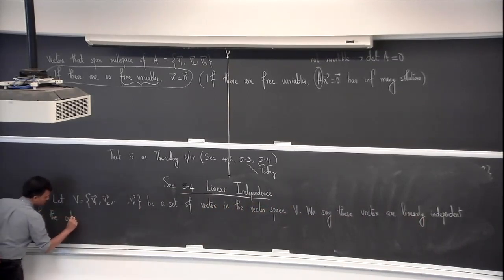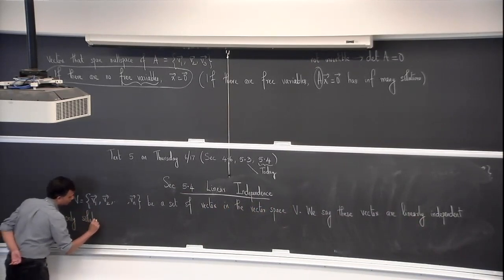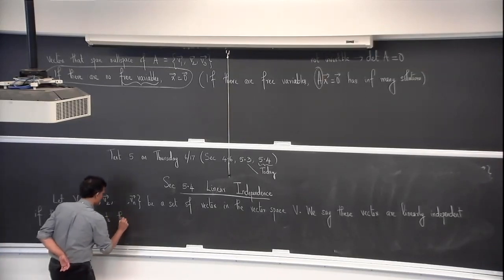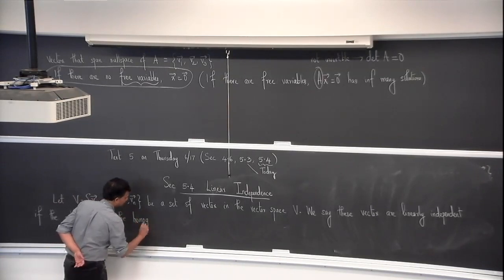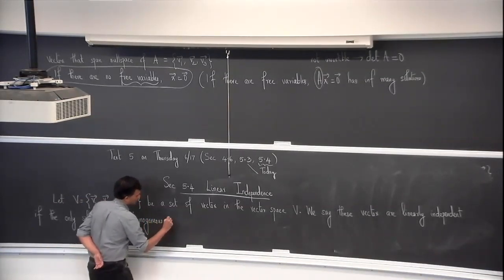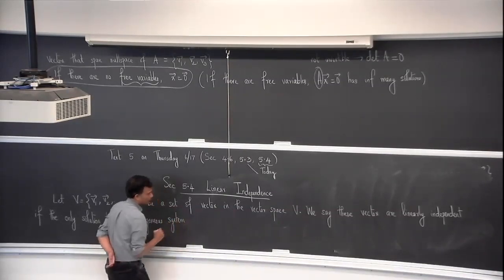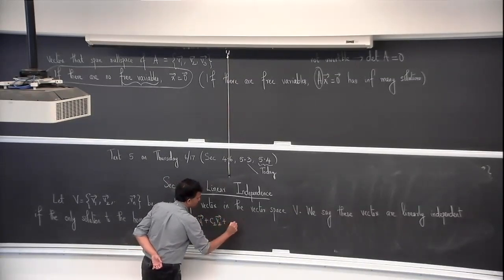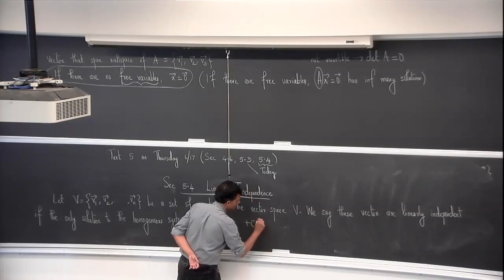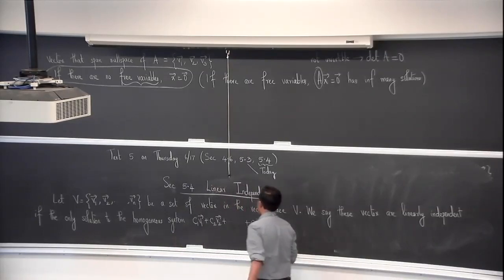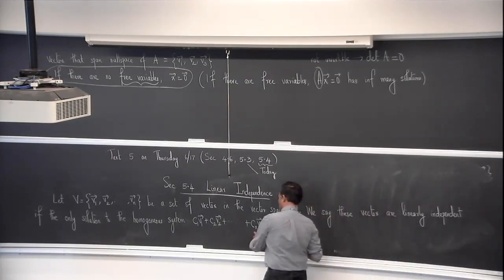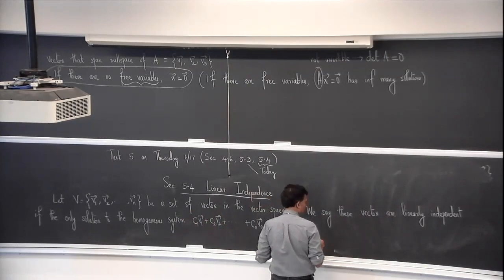We say that these vectors are linearly independent if the only solution to the homogeneous system c1 v1 plus c2 v2 plus dot dot dot plus cn vn equal to 0 is this: when you take a linear combination and try to find what those constants c1, c2, c3, etc. up to cn would be, all of them come out to be equal to 0.